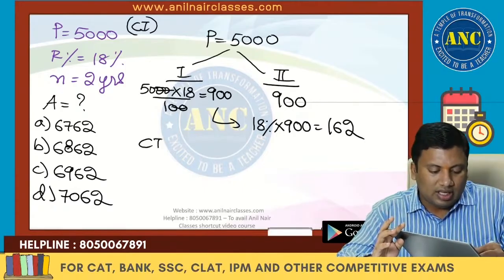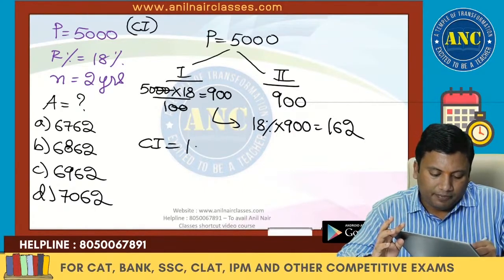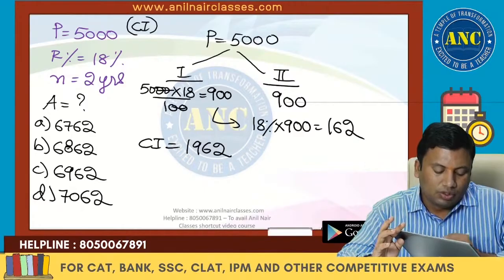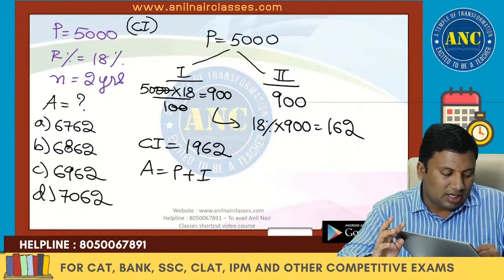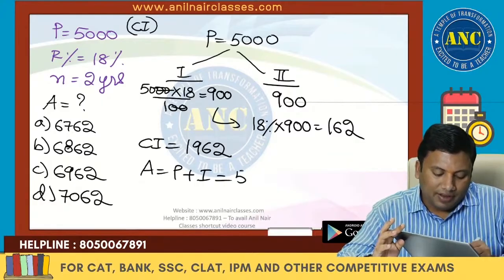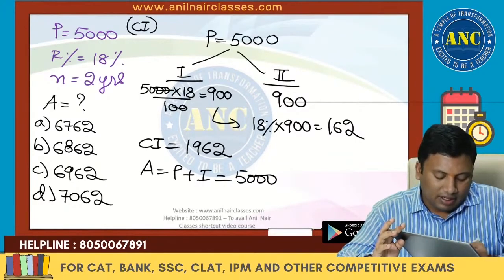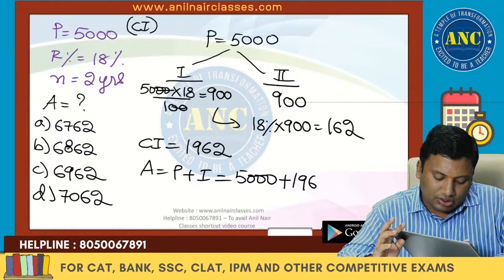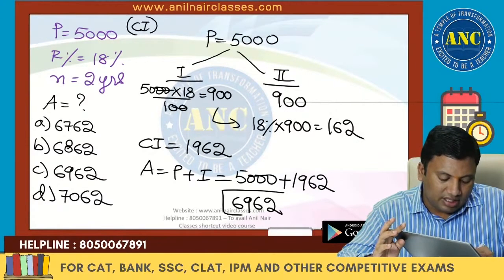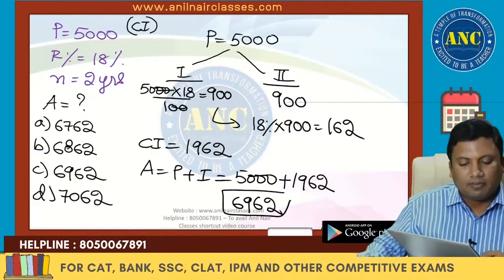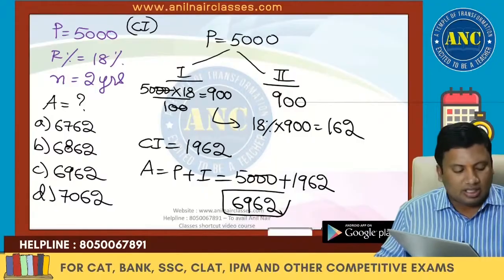So total CI is 1962. Total amount is principal plus interest, 5000 plus 1962, which is 6962. Yesterday we did it by using digital sum.